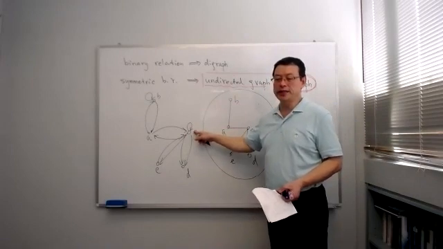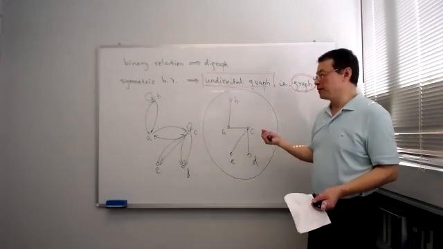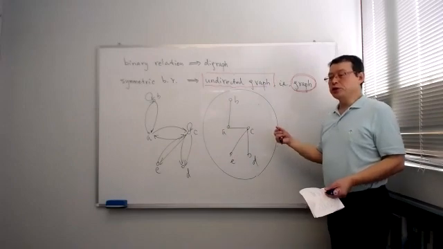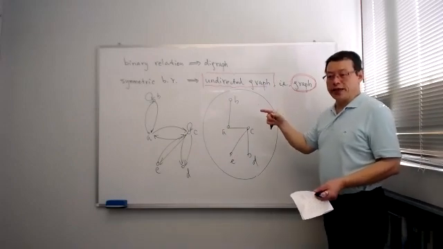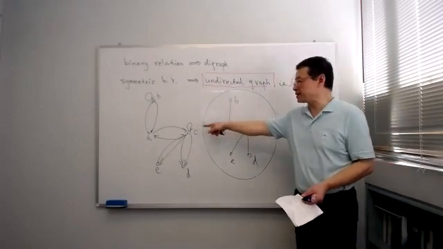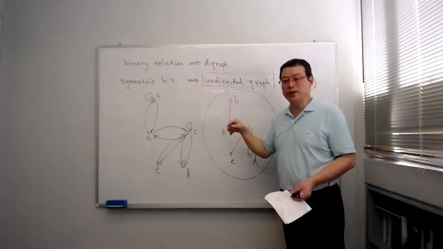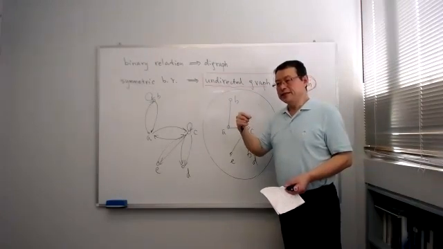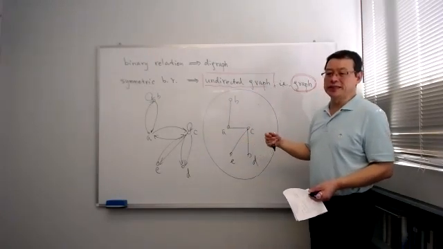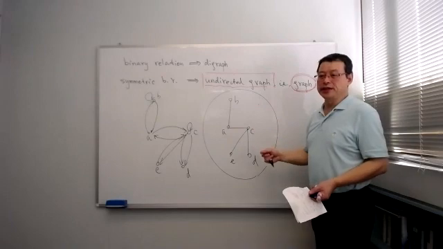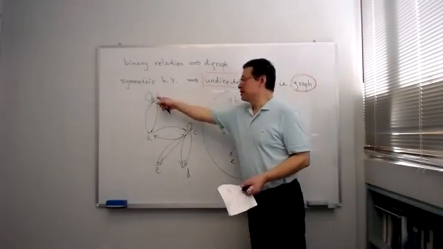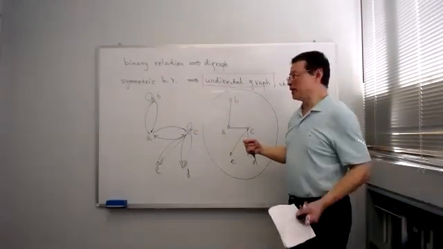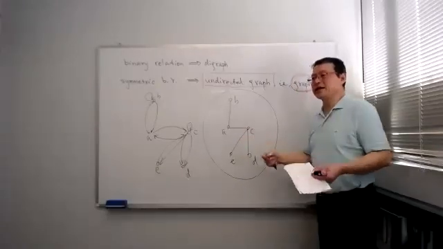For example, when we talk about transitivity, the relation has to be reflexive. So that's mainly for technical reasons. The essential parts of a relation are actually symmetry and transitivity. So this one is not really essential, just a technical issue.